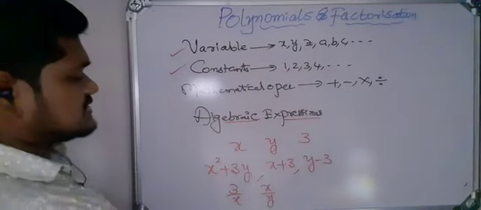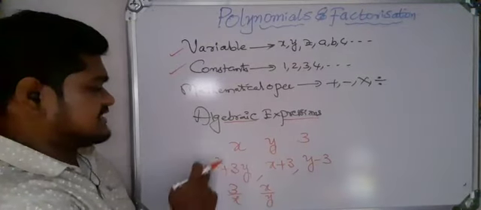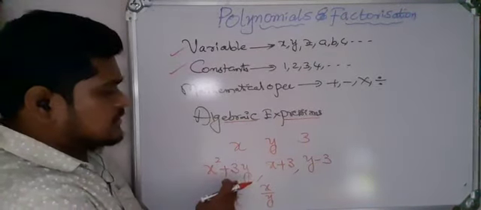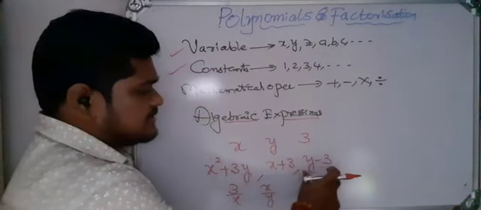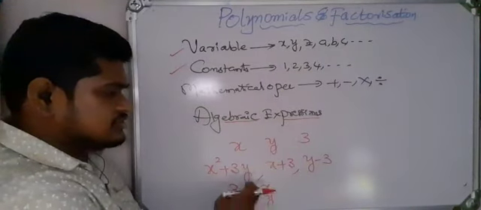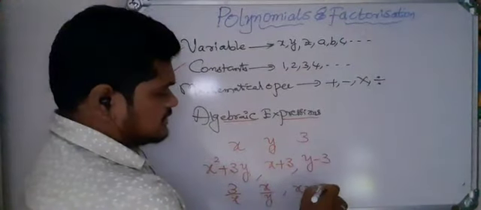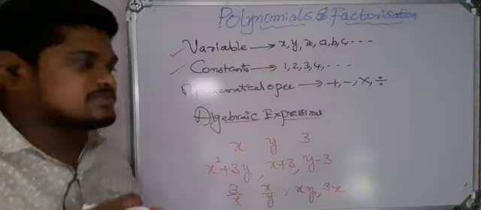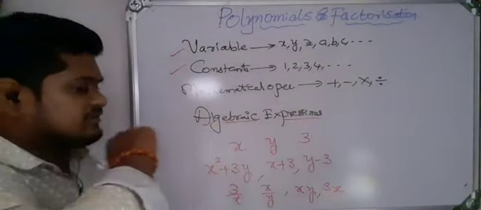See here, x square means we multiplied x with x. In x plus 3 we have the plus symbol, in y minus 3 the minus symbol, and between these two the divided by symbol. Otherwise, take x into y or 3 into x. These are all examples of algebraic expressions, because you can use any of the symbols plus, minus, into, divided by.